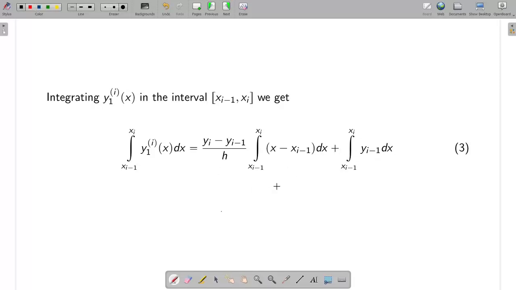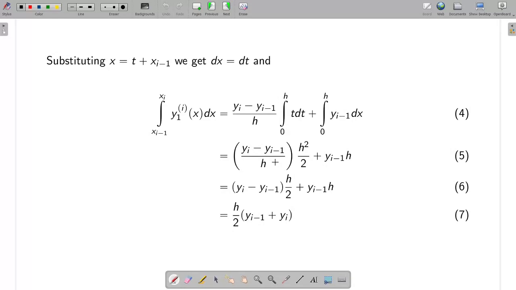To compute this integral, let us make the substitution x equals t plus xi minus 1, and when we make the substitution, dx becomes dt. We know the method of substitution.